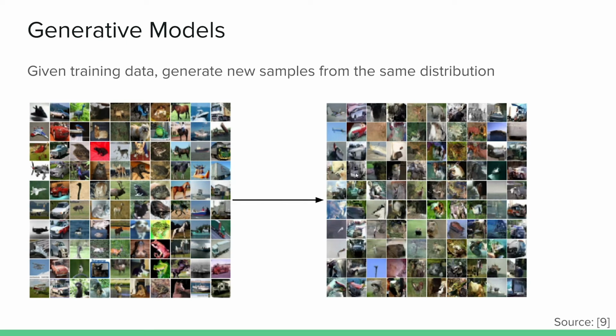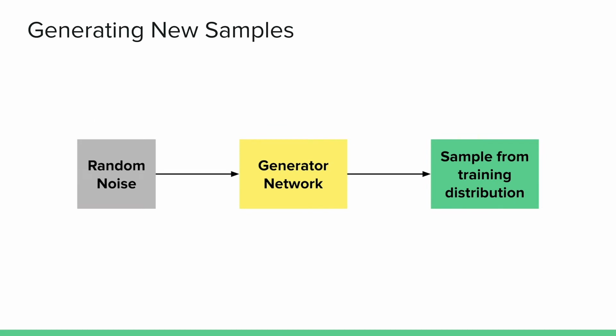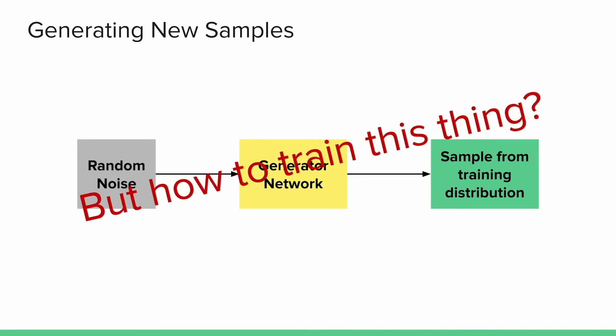All right, so we have images of cats and dogs and planes, and we want to produce, again, images that resemble cats and dogs and planes. So what we can do is we take random noise, we have our generator, for example, the one that we saw previously from this autoencoder scheme, and then we get a sample from our input probability distribution. So the question is how to train this.